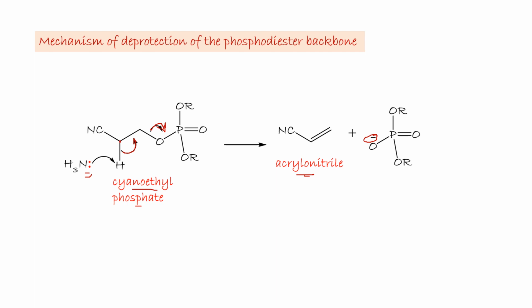The cyanoethyl groups are removed quickly in concentrated ammonium hydroxide, owing to the high acidic nature of the hydrogen on the carbon adjacent to the electron withdrawing group of the cyano group. That's what we call beta elimination.